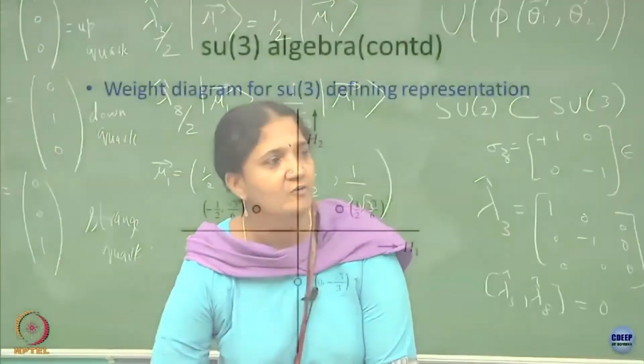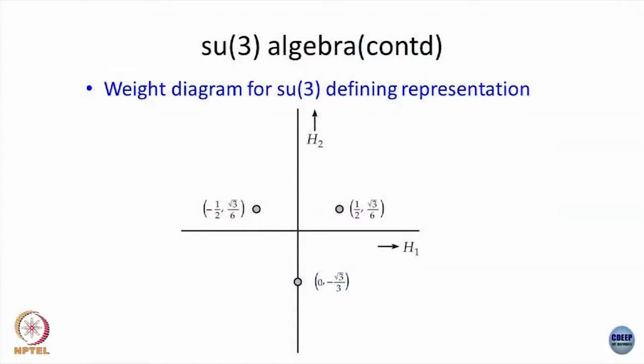So I have drawn it also as a diagram, the three fundamental states. This blob, the circle, is what we call an up quark state. Another one is called a down quark. Basically, it's a coordinate in the weight vector space.